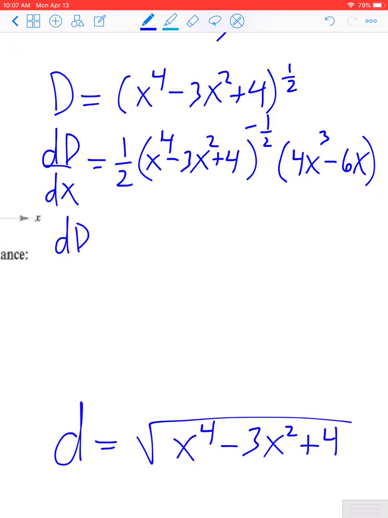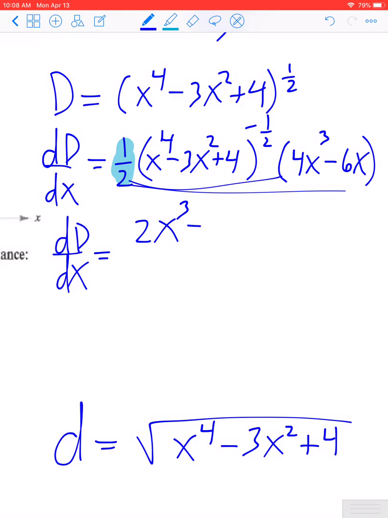So the derivative with respect to x is equal to, and I can distribute to make life a little bit easier. Let's take this 1/2 and distribute it into that second quantity, because that will reduce it. We get 2x cubed minus 3x, all divided by the square root of x to the fourth minus 3x squared plus 4.